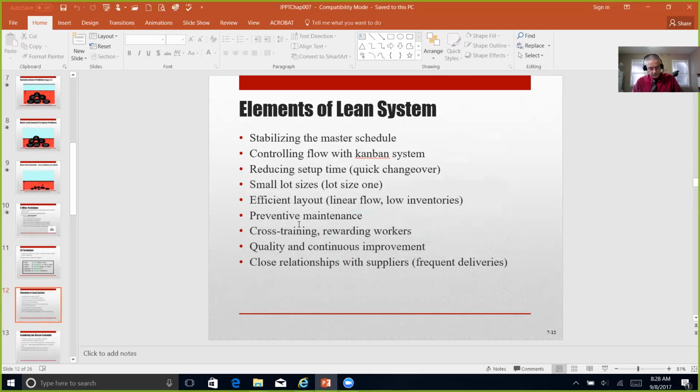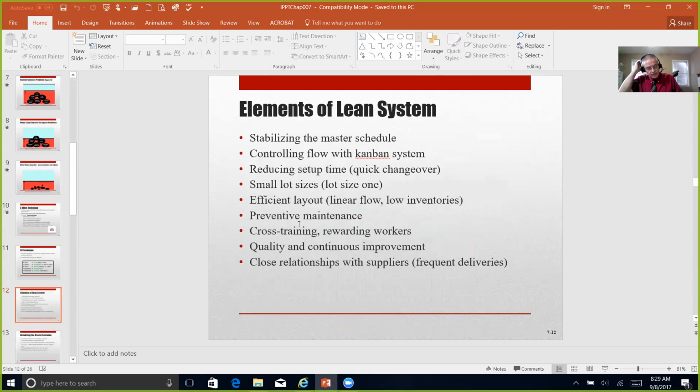All right, so let's talk about the top of page 142, stabilizing the master schedule. One of the ways that we can do that through this lean tenet of simple, smooth airflow is to develop a master schedule that levelizes our workload, or in other words, stabilizes our master schedule.